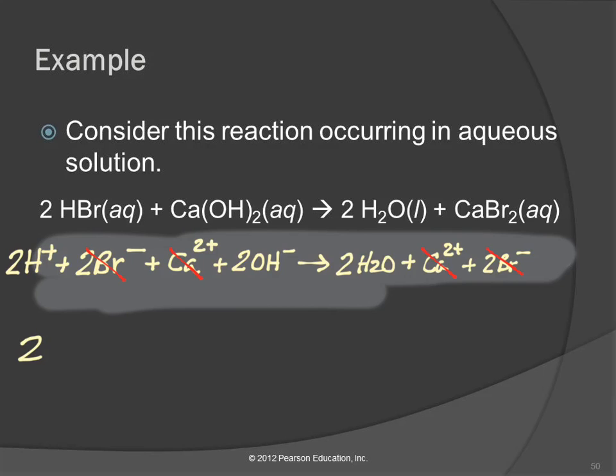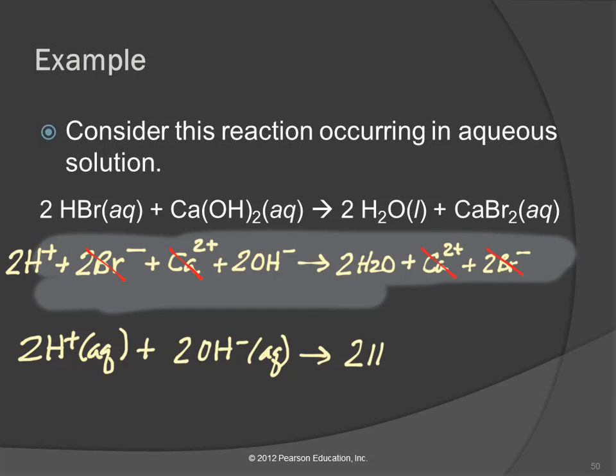So we've got 2H plus, those are aqueous, and 2 hydroxide ions, those are aqueous. And that's going to form 2 water molecules, and those are in the liquid state. I'm just taking these up here, bringing them down. And so this is our net ionic equation. That shows us what's actually occurring.